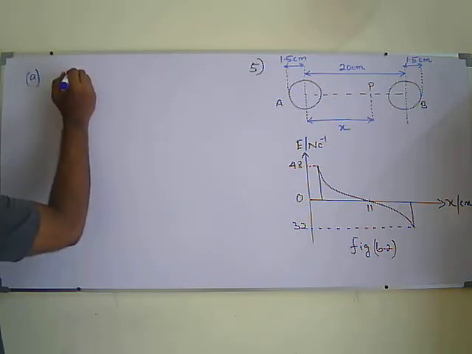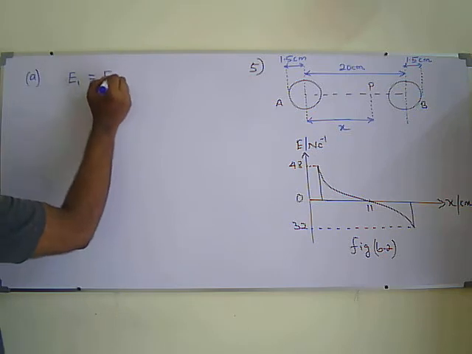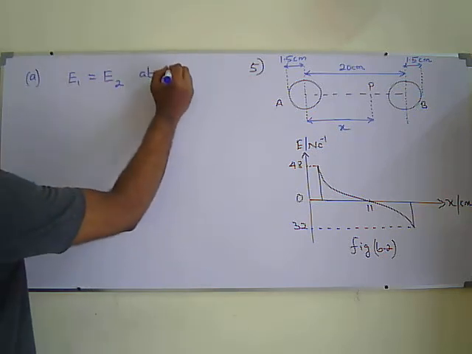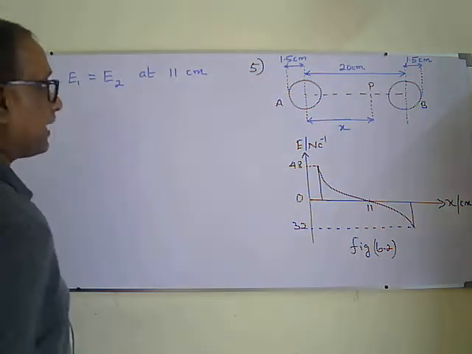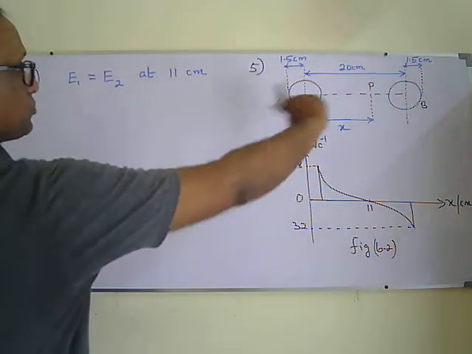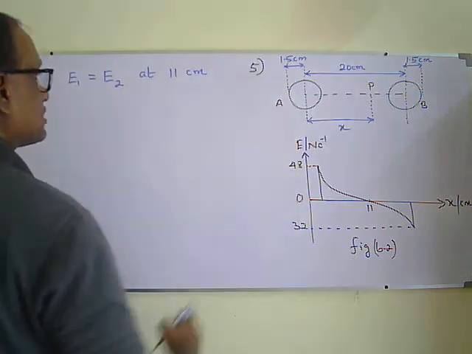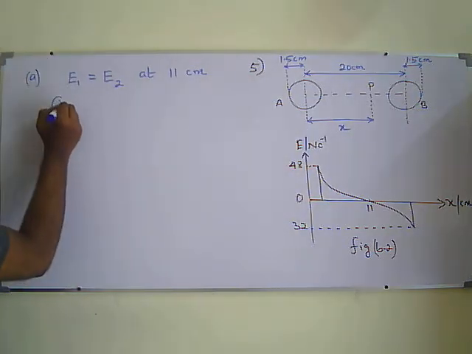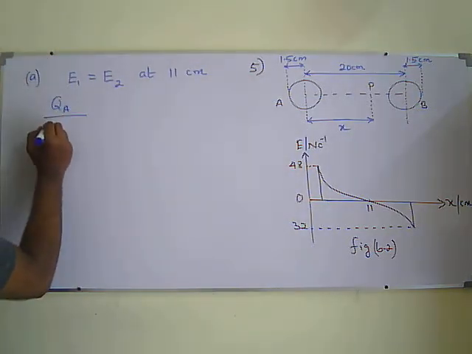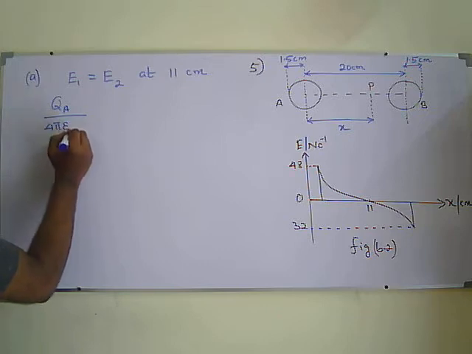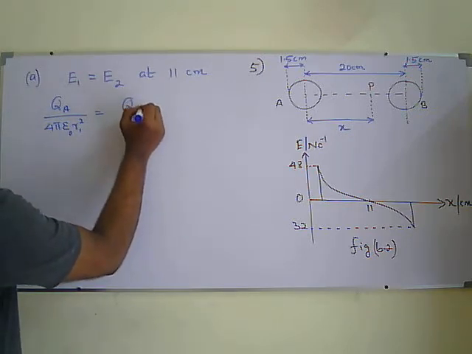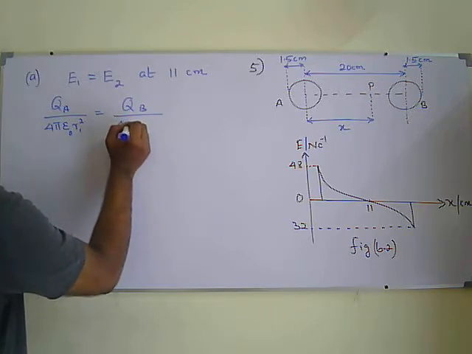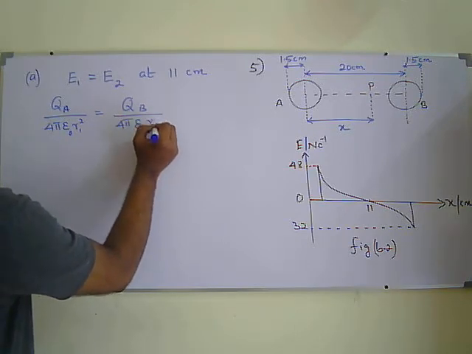I can say E1 equals E2 at 11 centimeter from the center of A. That is 20 centimeter, that's the distance between the two spheres. So I can say QA over 4 pi epsilon naught R1 squared is equal to QB over 4 pi epsilon naught R2 squared.